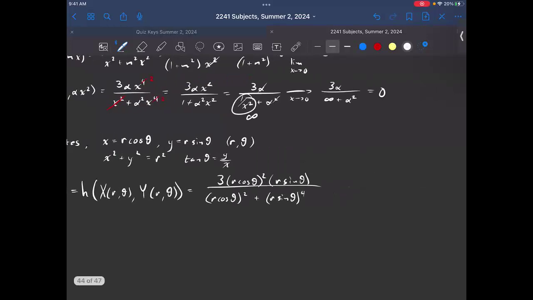Now what? Well, I can factor out all these r's. I've got 3r cubed sine theta cosine squared theta over, and I have an r squared that I can factor out of everything: cosine squared plus r squared sine to the fourth theta.